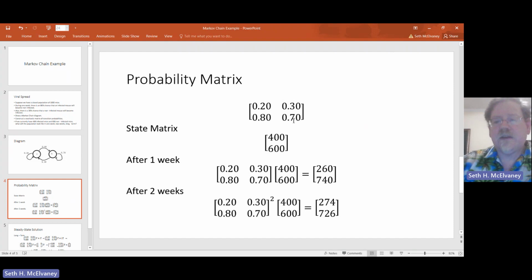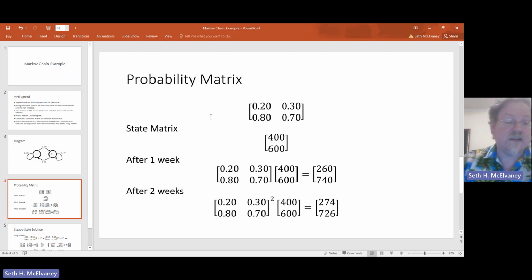Well, one of the things about this particular example is this is an example of a regular Markov chain. In other words, we don't have rows or columns heading to 0. You can go back and look at the precise definition for a regular matrix, but anyway, this is a regular matrix.